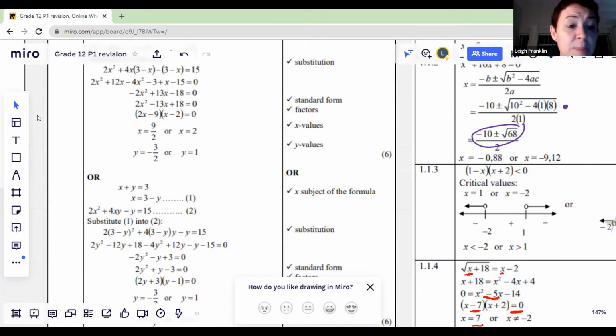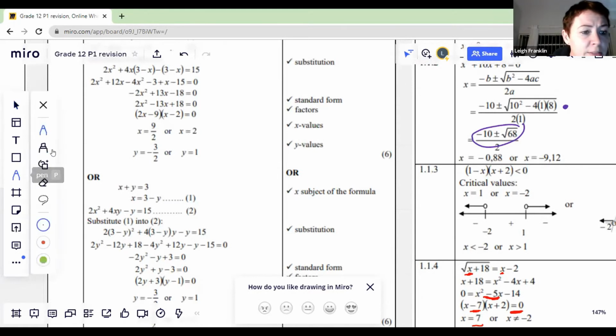I'm happy to explain how you would factorize that, but if it becomes overwhelming, you are welcome to use the quadratic formula. So instead of showing this line over here where you factorized, you could show that you subbed into the quadratic formula, and that would be perfectly okay.